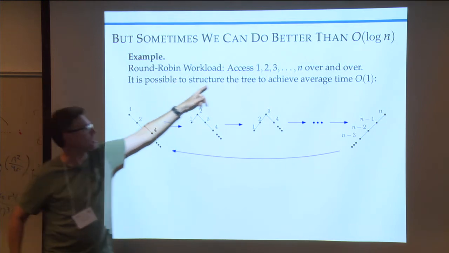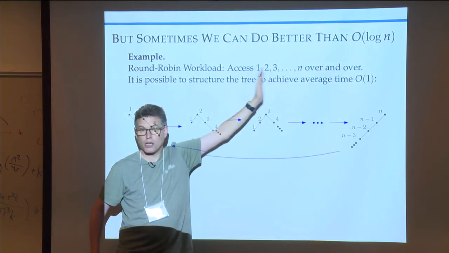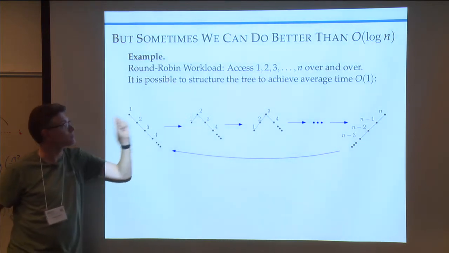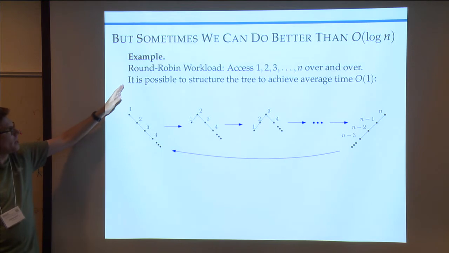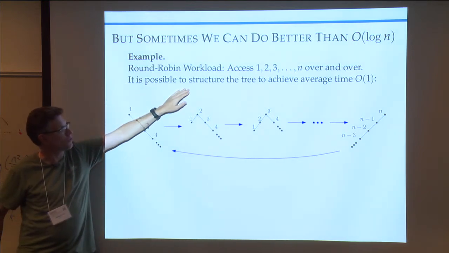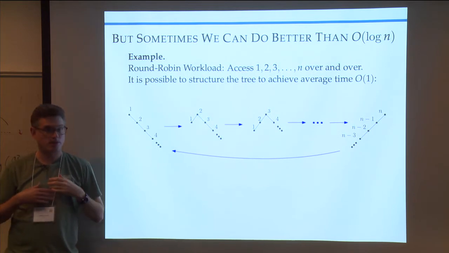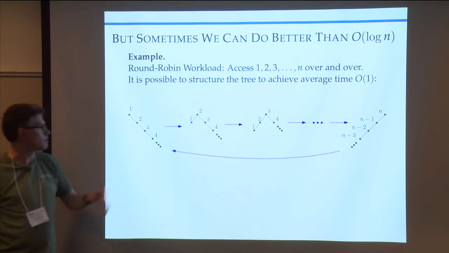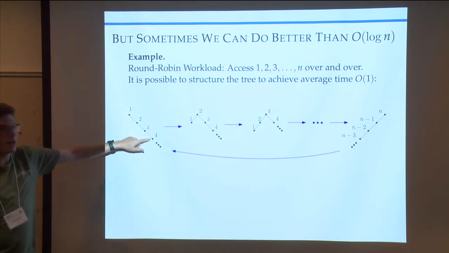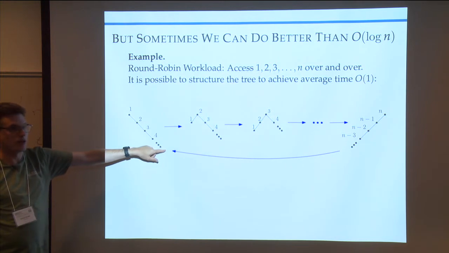So we're accessing key 1, 2, 3, all the way up to n, and then repeating over and over again. And in this case, it's possible to make a tree structure so that the access time is not log n, but is actually constant. And so we could start with a tree that's just a very unbalanced tree, just a list of all the elements in order.